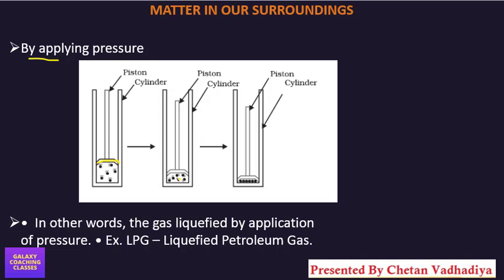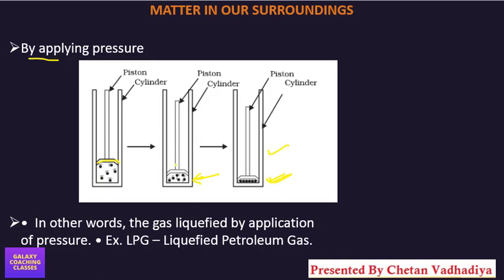So slowly the particles will come closer to each other, and the force of attraction between these particles will increase. As we give more and more pressure, all the particles will come closer, and these particles together will change the state of matter. Gas will be converted into liquid.